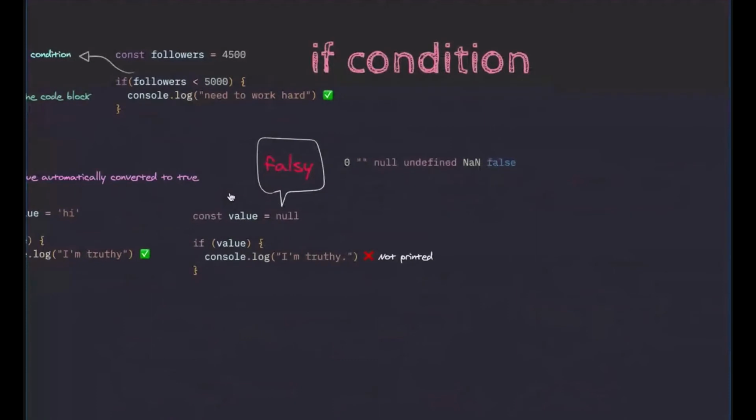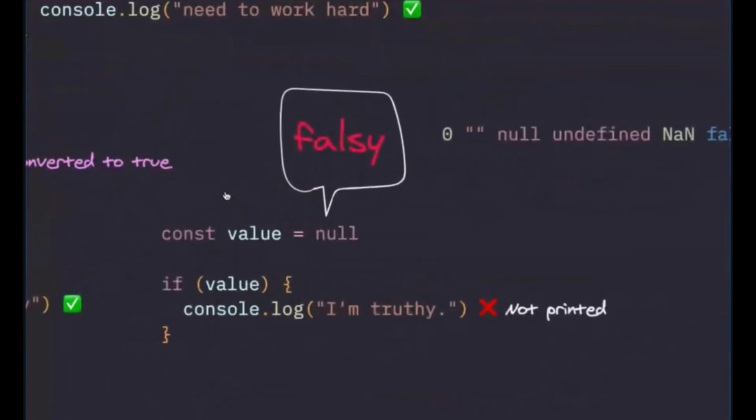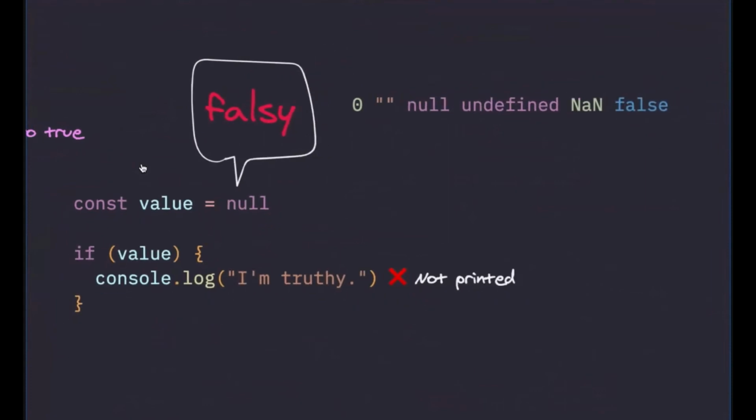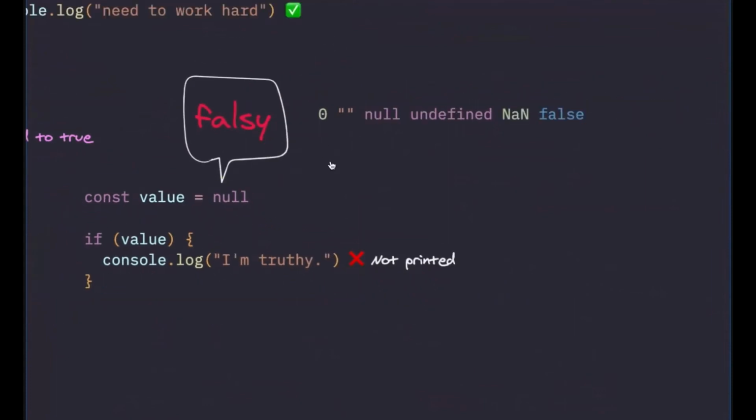Now the interesting thing happens here. Not only the Boolean value, but there are also different types available in JavaScript. For example, undefined, null, false, zero, and empty string. These are the set of values known as falsy values.